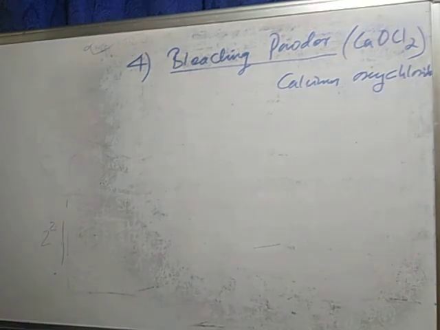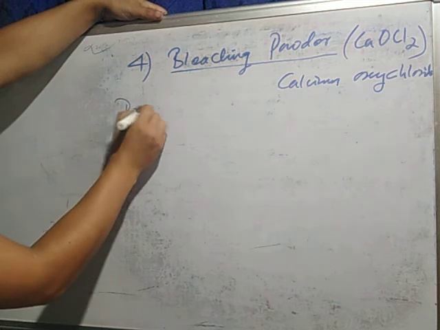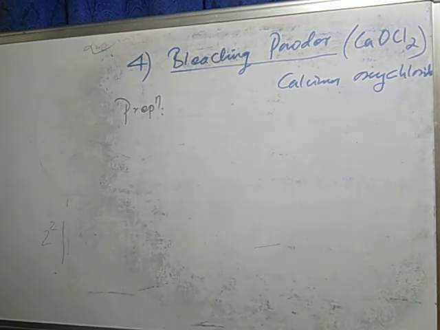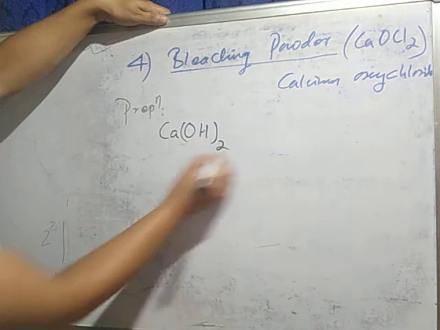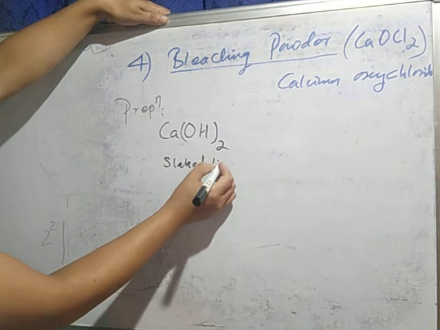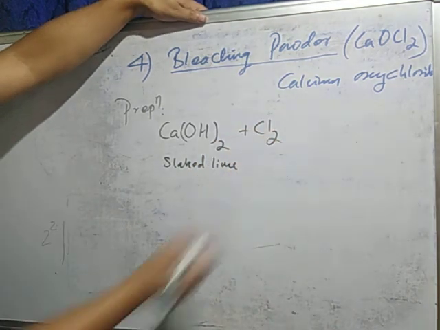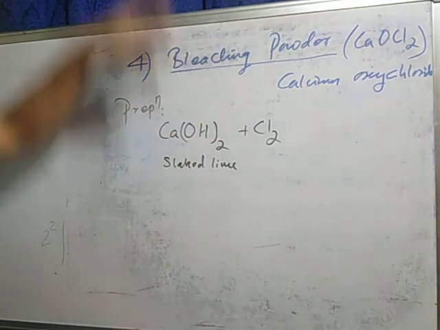Write in preparation in lab. How will you make this one? You have to take calcium hydroxide, that is your slick lime, and you have to pass chlorine gas through the slick lime.